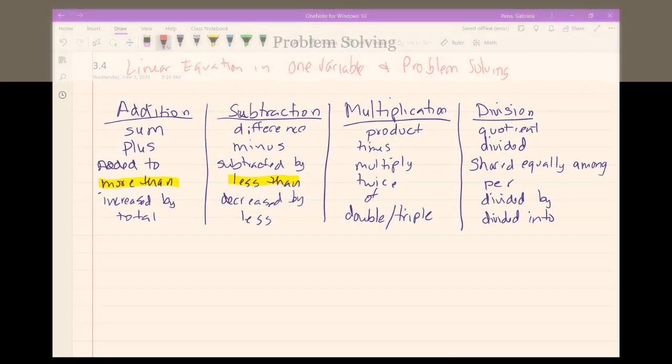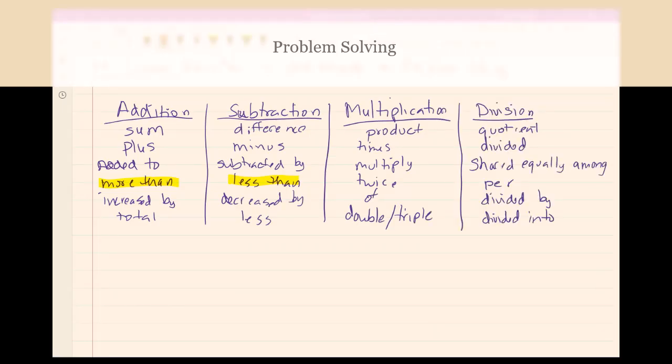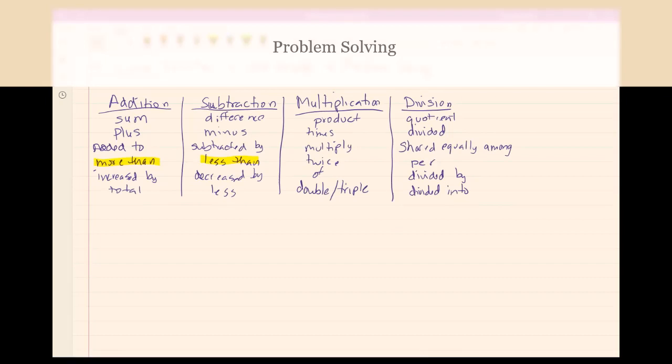So we're going to be using all the words for addition, subtraction, multiplication, division. We're going to go ahead and add the words for equals. The equal sign, which was equals, gives, is or was, yields, amounts to, or is equal to.